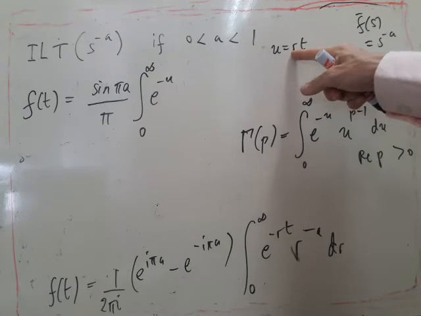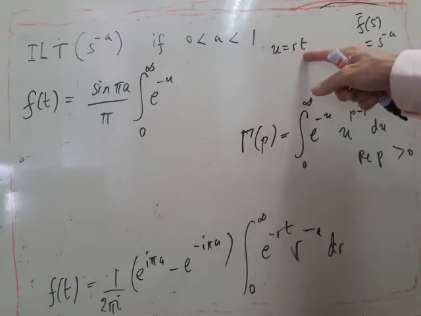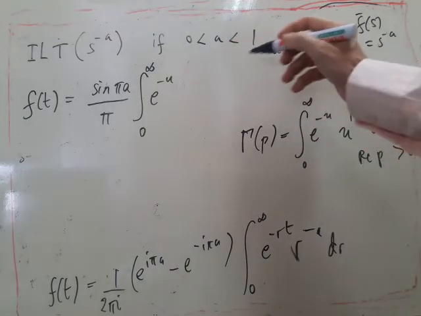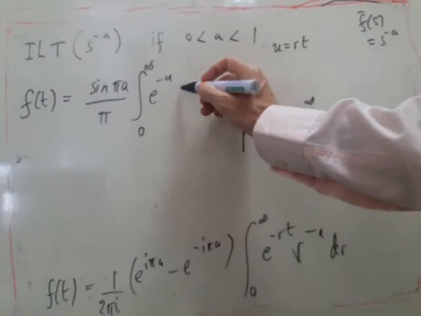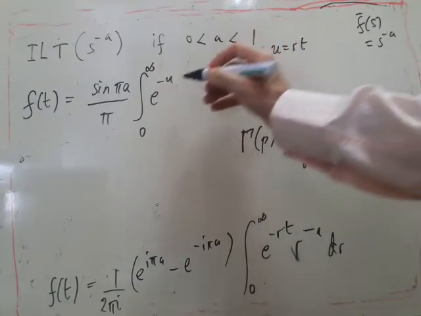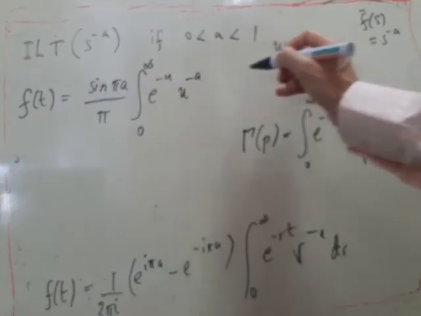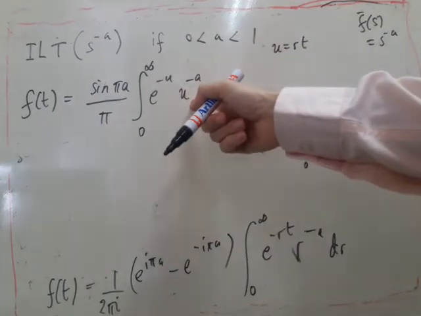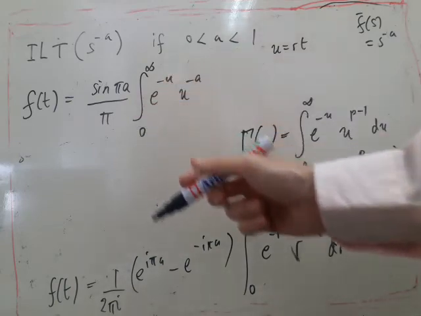So that means r is equal to u over t. So we've got e to the minus u, and r to the minus a gives u to the minus a divided by t to the minus a, which is the same as t to the a.